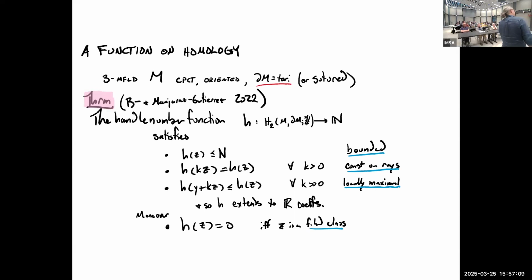One feature, which isn't really part of the theorem, just straight from the definition, is that if your class is a fiber of a fibration of your 3-manifold, then it immediately means that the handle number is 0. It's a fibration. You have a circle-valued Morse function with no critical points. So that's another nice bit there.